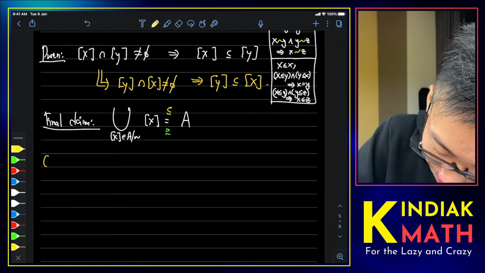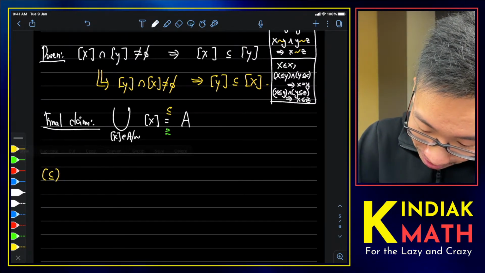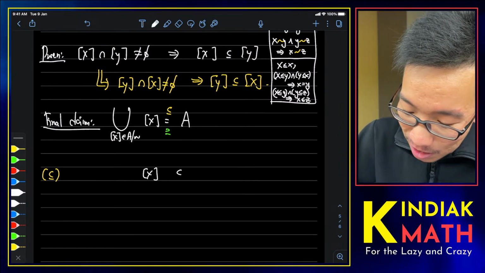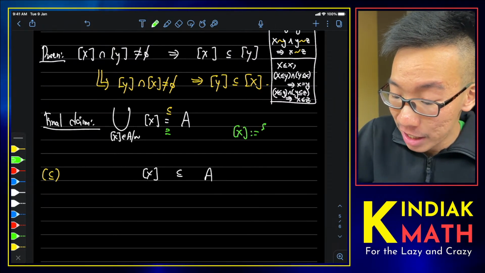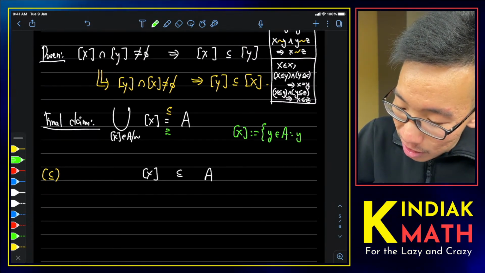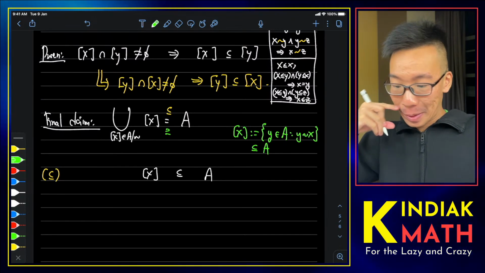The first way, I'm gonna pull off a little cheat code. We know that this is by definition a subset of A. We've already defined this set to be all of the items in A that satisfy the property, which means that it's a subset of A.